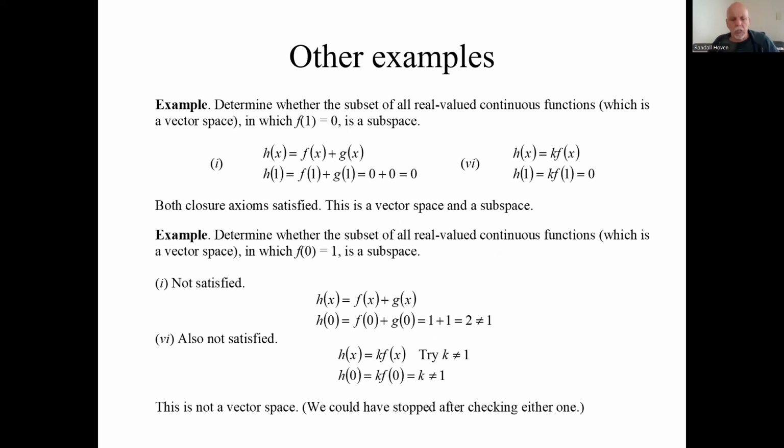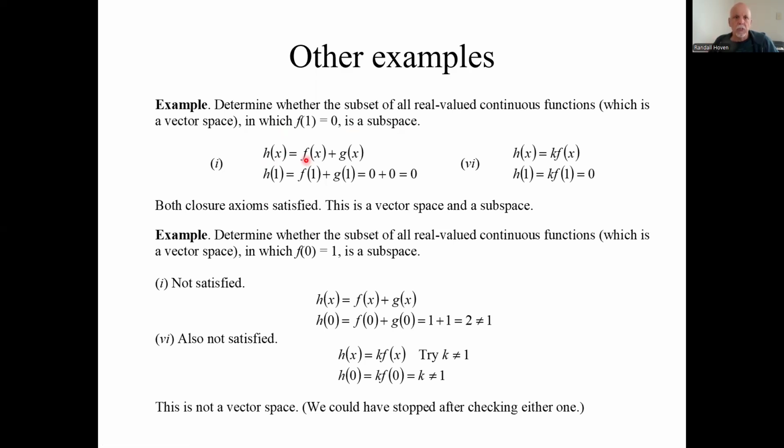I'll do two more examples. A set of all real valued functions, and we were told that's a vector space, but in which if the argument is 1, the function equals 0. Is that a subspace? Well, let's define a test function h to test the two closure axioms.